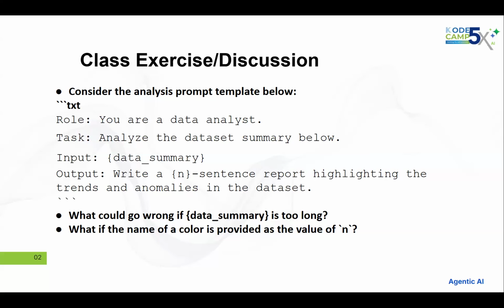Okay. Now, the next question is, what if, instead of giving a number like a 3-sentence report or a 5-sentence report, you give a color? Write a green sentence report highlighting the trends and anomalies in the data set.